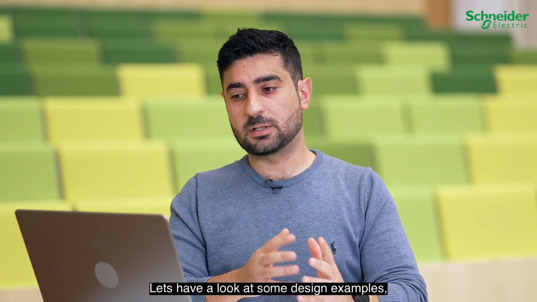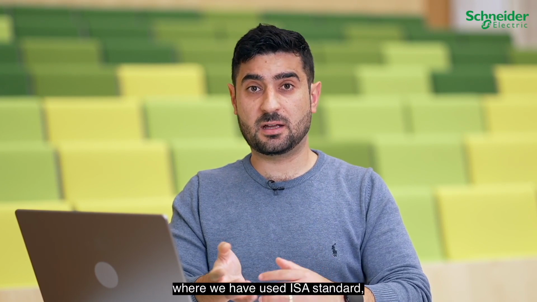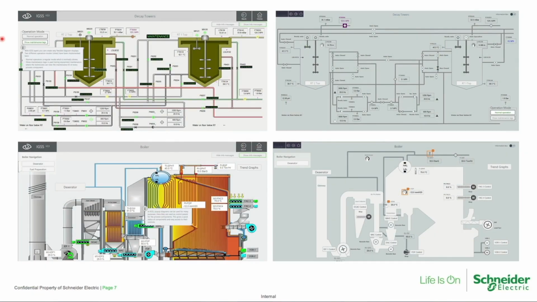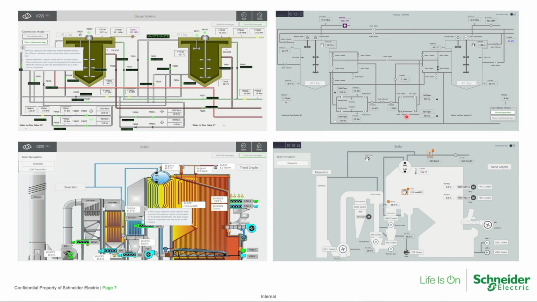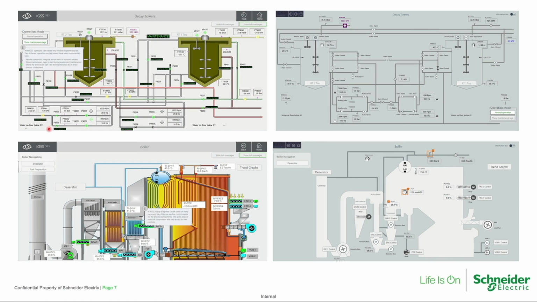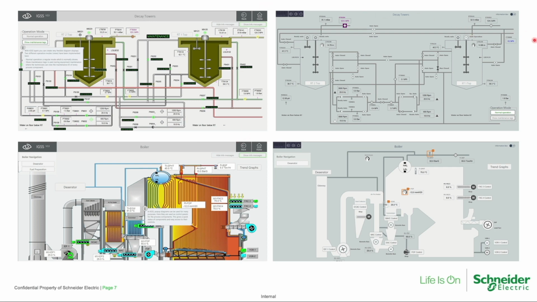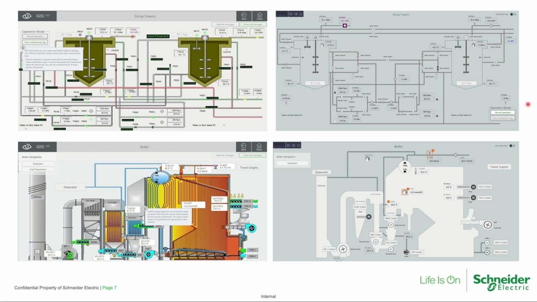Let's have a look at some design examples where we have used the ISA standard and some of the common design principles and how they improve the design. Here on the slide you can clearly see the difference between the left side and the right side. The left side is before implementing the ISA standard and some common design principles, where on the right side we have implemented the ISA 101 standard and some common design principles.